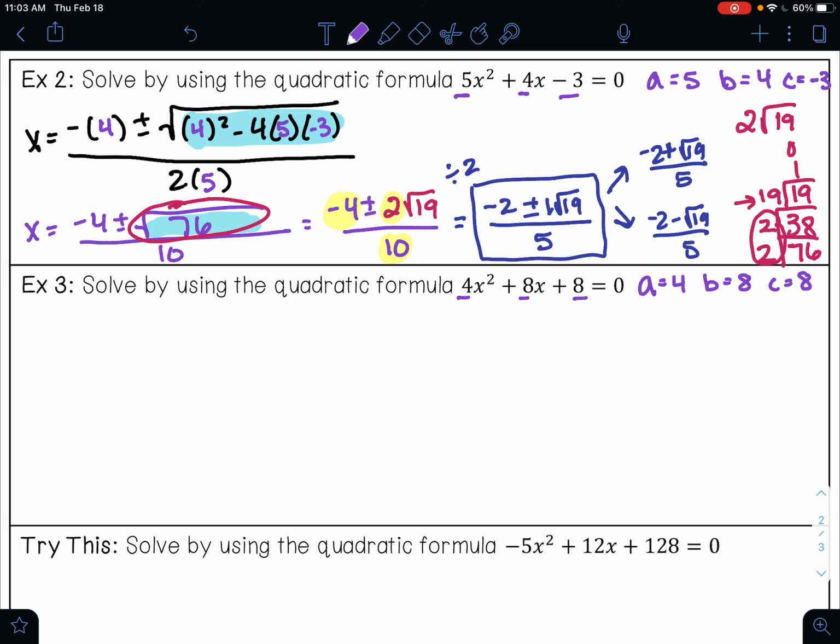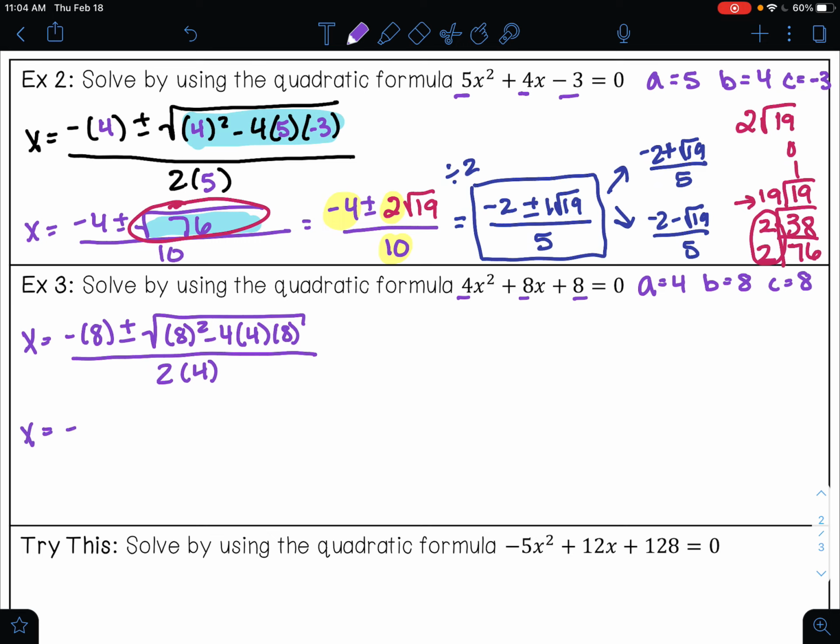So I'm going to go ahead and plug into the quadratic formula. So I'll have -b plus or minus the square root of b squared minus 4 times a times c all over 2 times a.